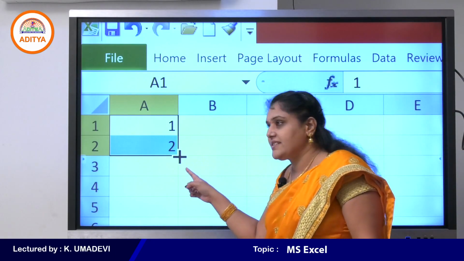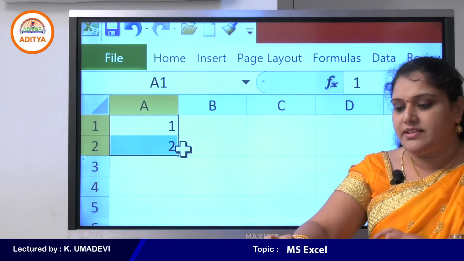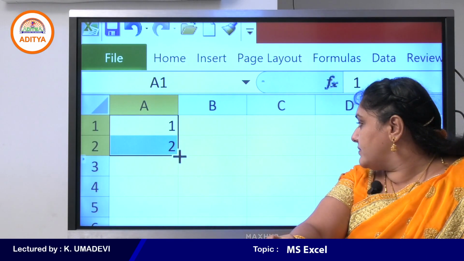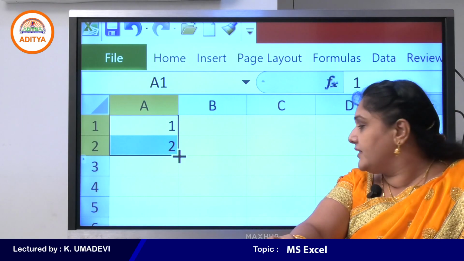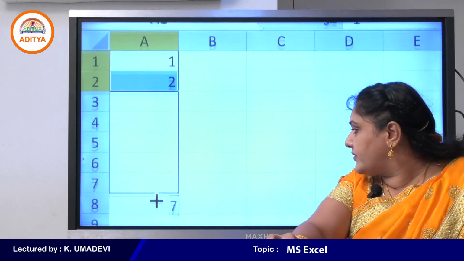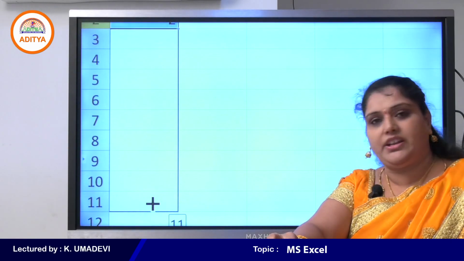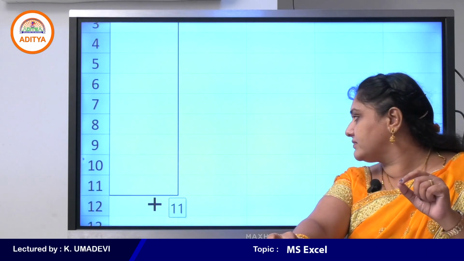Now the fill handle appears, right? Just click the mouse left button and drag down as far as you want. For example, here I need 20 numbers, right? Click and drag.